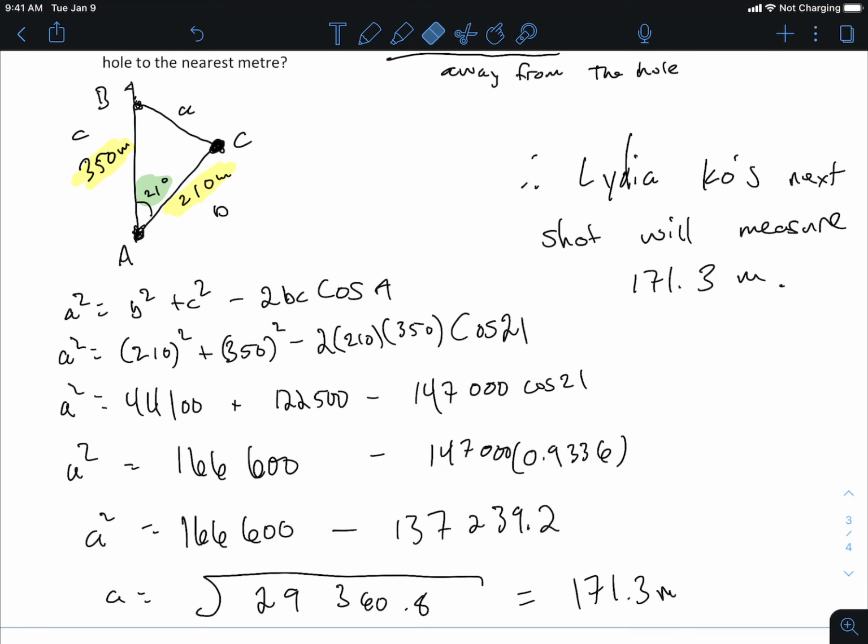Very much so. So her next shot is that far away from the hole? Yep, that's how far she has to hit her next shot, right? That's the a value right here. That's how far she is from the hole. Maybe I should just write it like that. That is a humongous golf course.